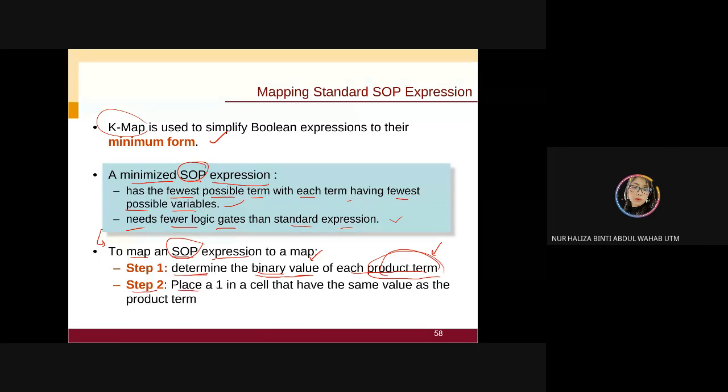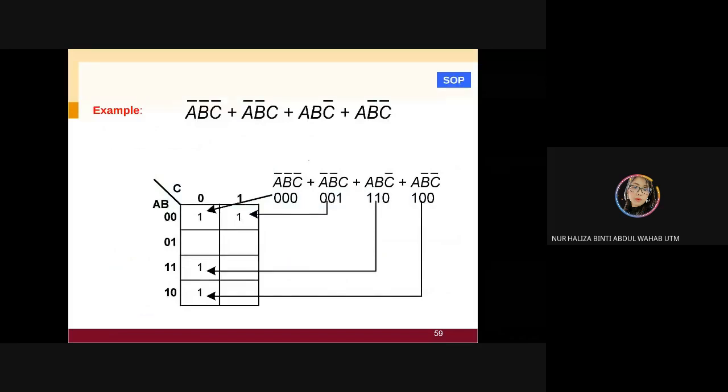Second, place cell number 1. Why 1? Because it is SOP. If it is POS, you need to place a 0 in a cell that has the same value as the product terms.